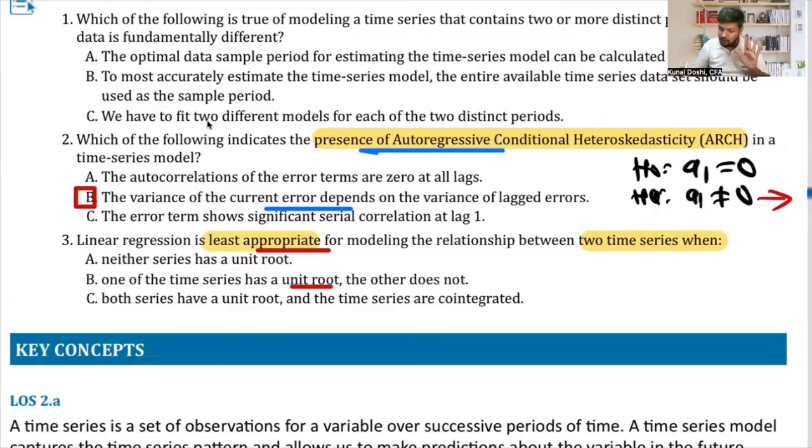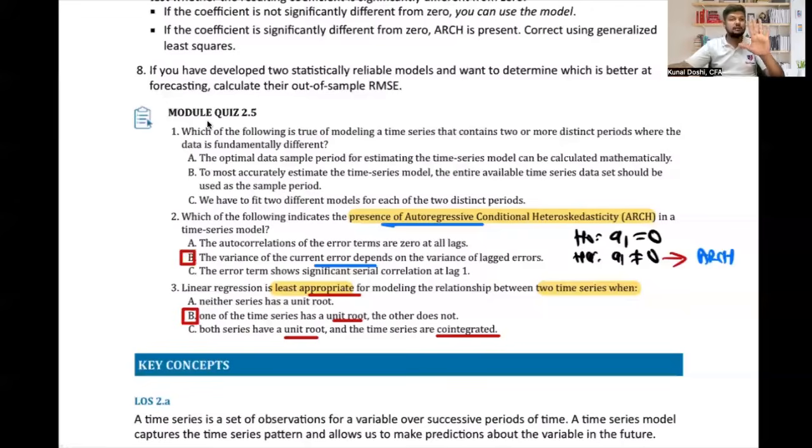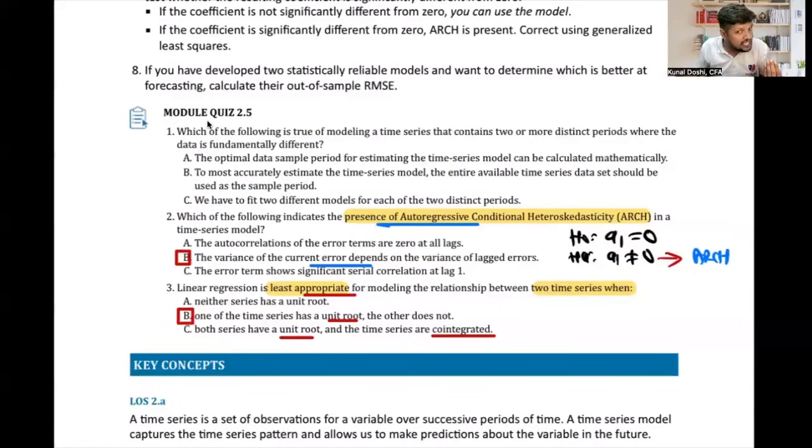Yes. Both have unit root, meaning both are not covariance stationary, but they are co-integrated. So can I use it or not? First one, I can use the model. Third one, since they are co-integrated, I can use it, but in B, I cannot use it. Understood everyone? Why B is the answer? Please just confirm on the chat box. Do you agree that a unit root problem means they are not covariance stationary?